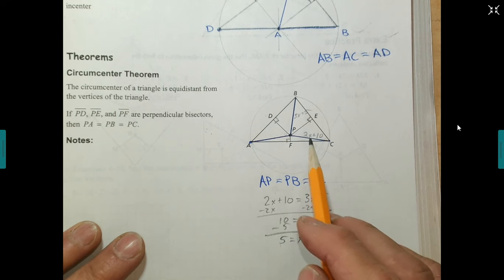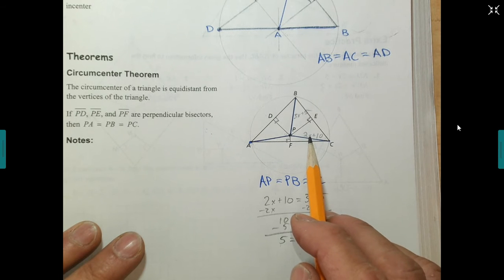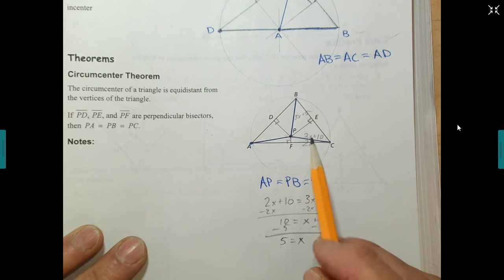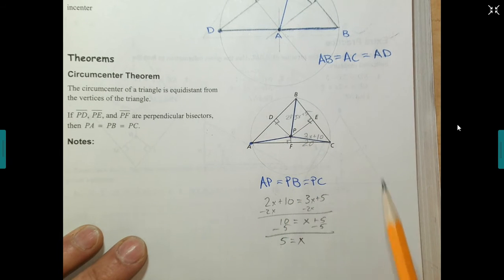You'd plug it back in. 2 times 5 is 10. So this length would be 20. And it should equal this length, which would also be 20.